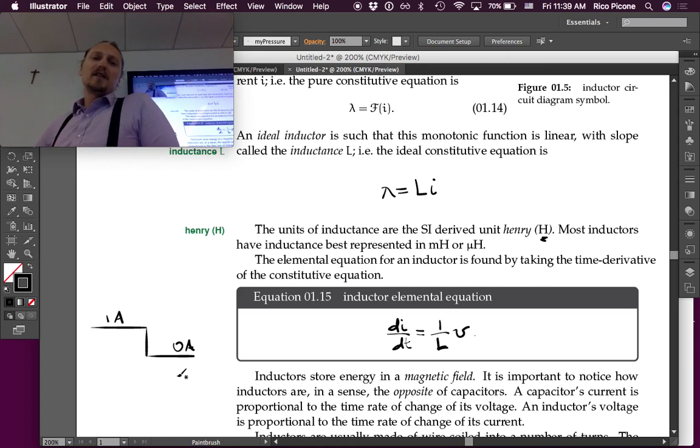But it's just the type of thing that we have to be aware of, and this is why we can start to get an intuition about inductors: they are really sensitive to a fast change in current flow across them. You've got to be careful if you flip a switch when you have an inductive load. What are you going to do with the spike in voltage that's going to be created?